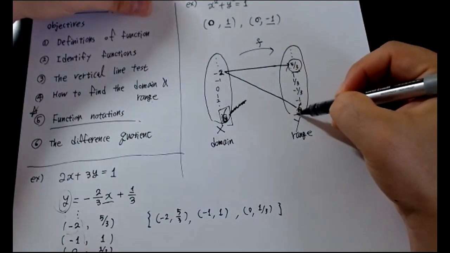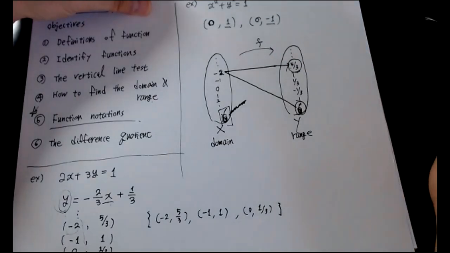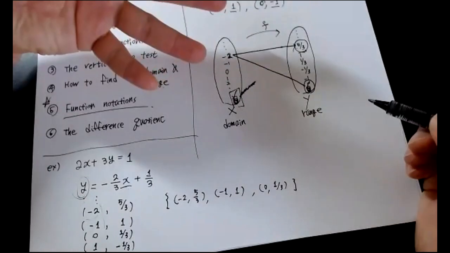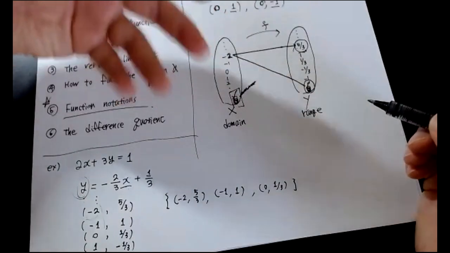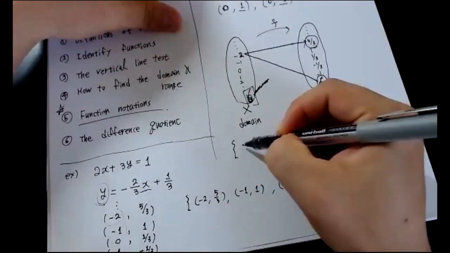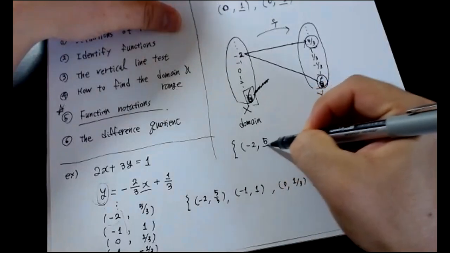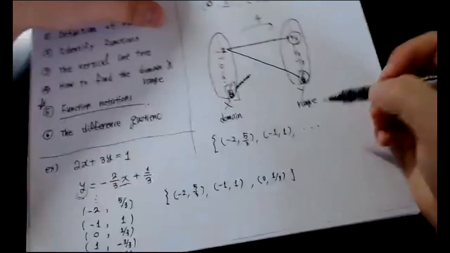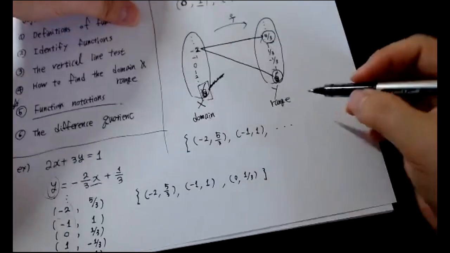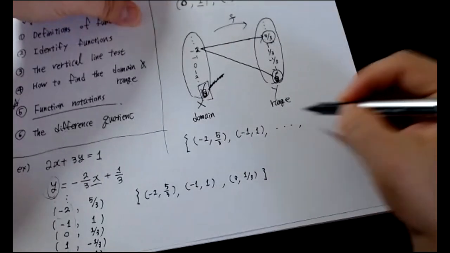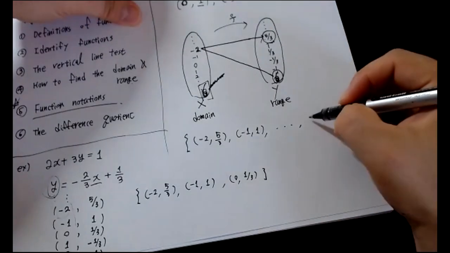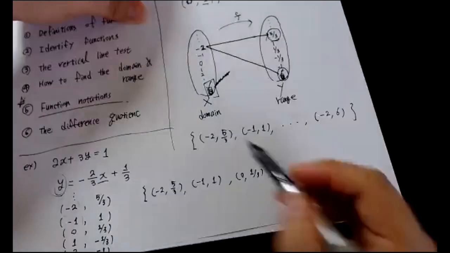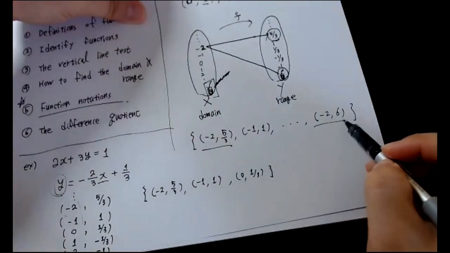Then expressing this as a set of ordered pairs, we're going to get this: -2, 5/3, and then -1, 1. Let me skip writing the other pairs, and then we get -2, 6. You see that here.